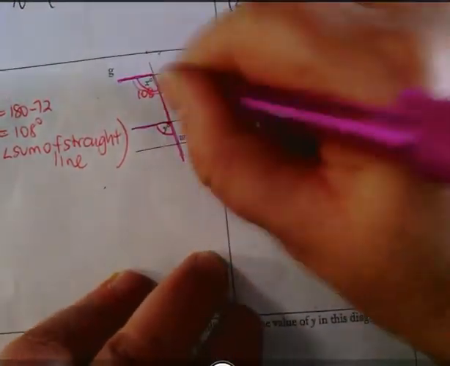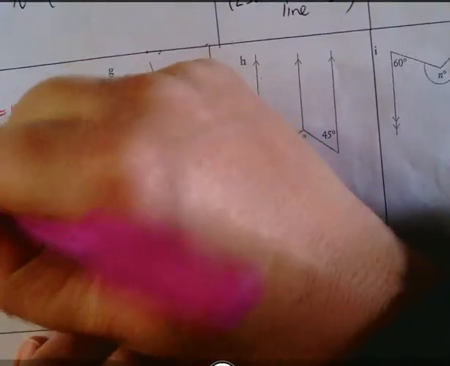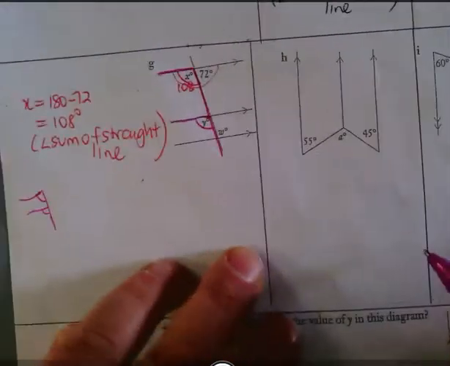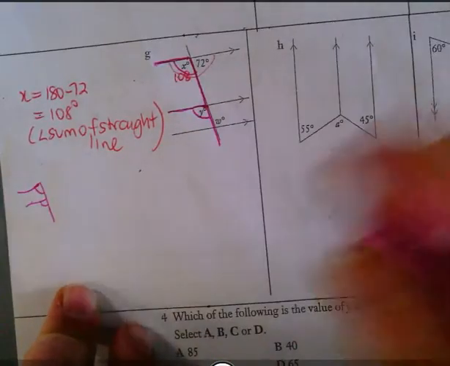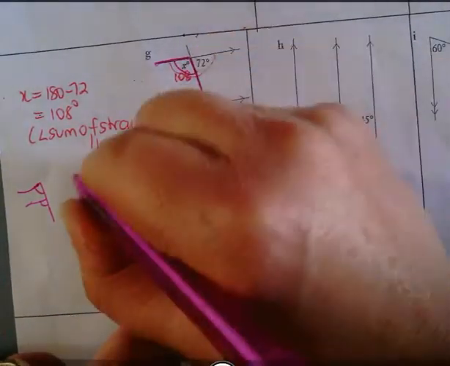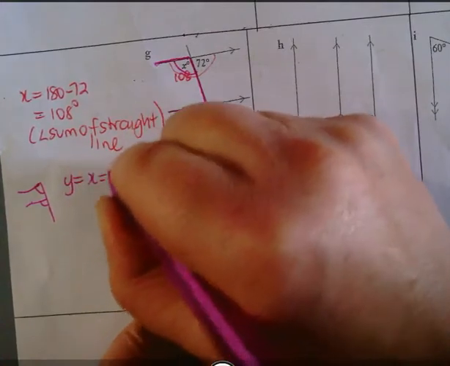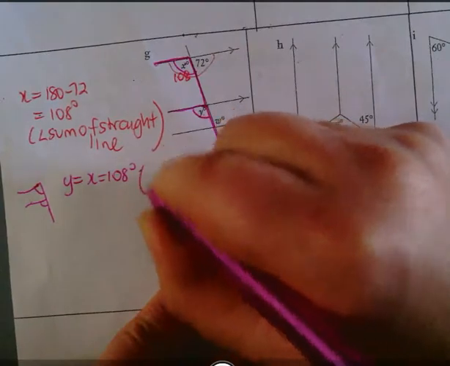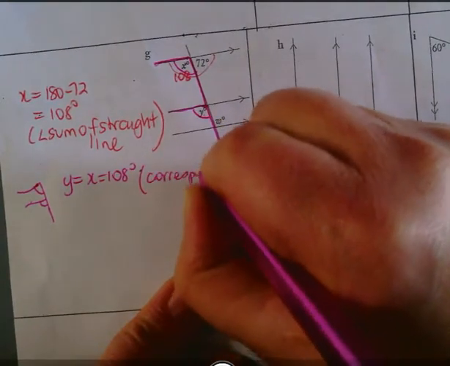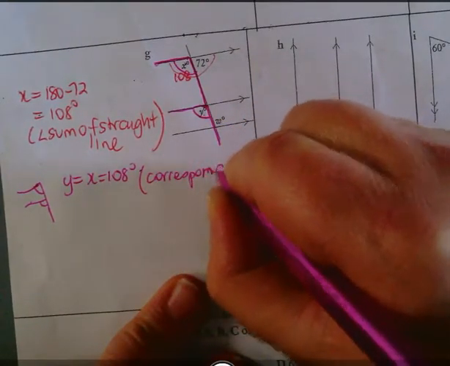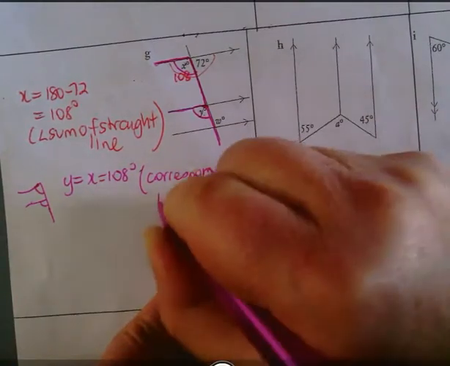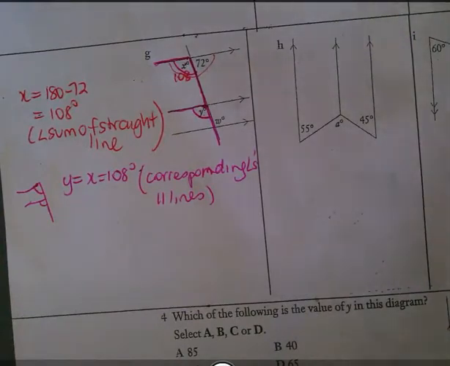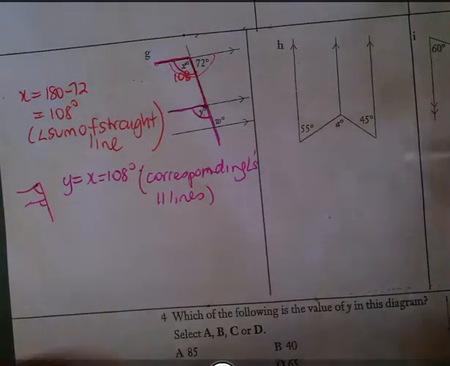When you do those backward Fs or Fs, it's those angles in there that need to be the same, or that are the corresponding ones. So I can now say that Y equals X, which is 108 degrees. So this is the same as that one, which happens to be 108, and that was corresponding angles on parallel lines.